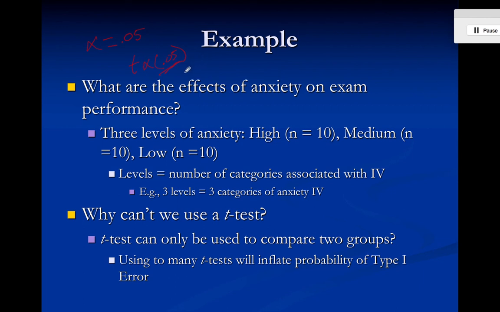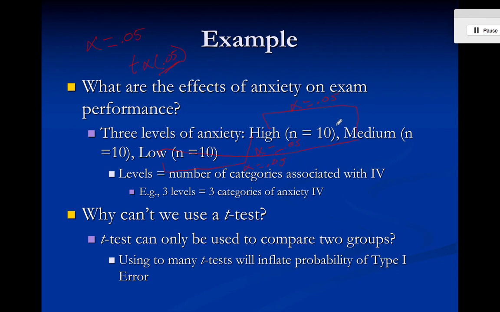So if we were to do one t-test comparing high to low, that's an alpha level that we would set at the maximum of 0.05. If we now did moderate to low, that's another alpha level at 0.05. And then if we did high to low, which would be our last comparison, we would again set another alpha level at 0.05.